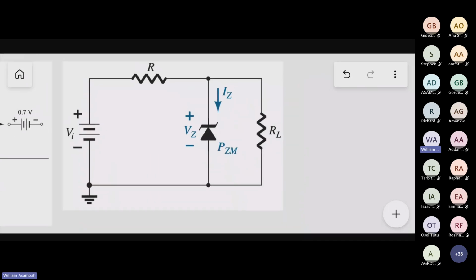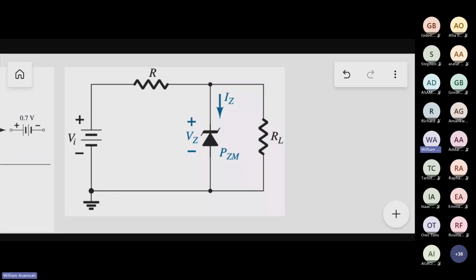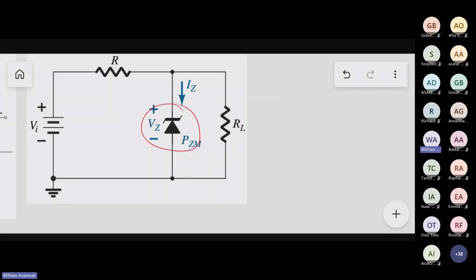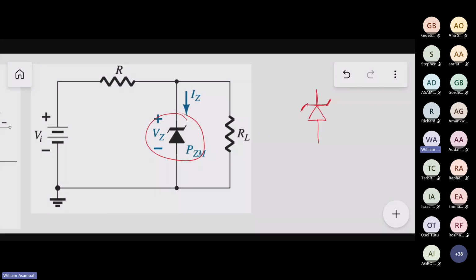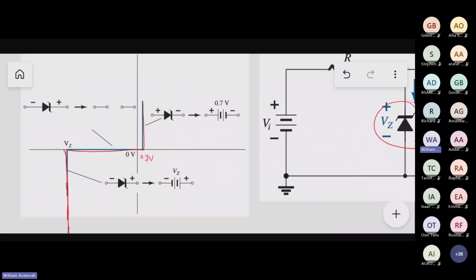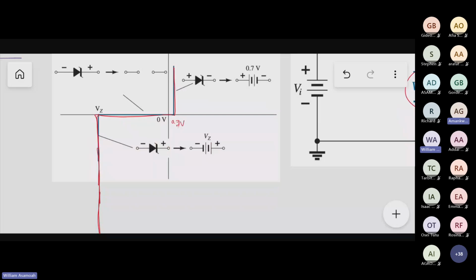So look at it. We connect Zener diodes in the reverse mode. Another note is that to differentiate between Zener diodes and normal diodes, we use the Z here. So we use this symbol for Zener diodes, and it's always connected in reverse. Because of this diagram, when you connect it in reverse, it will latch this voltage, this VZ.